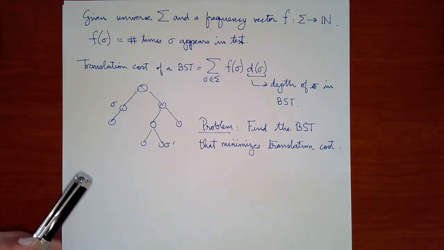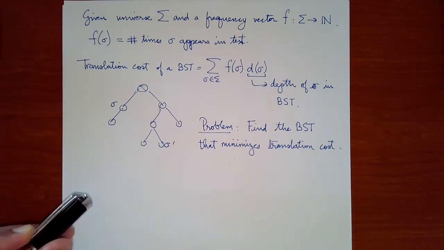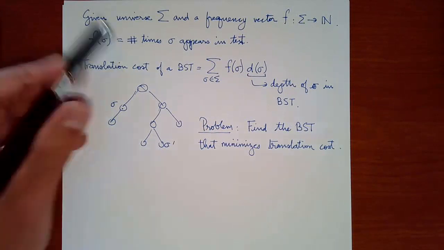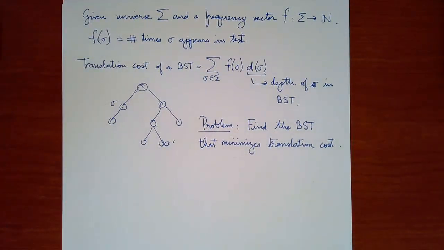No, so this is not like Huffman coding. You could interpret it in that way, that 0 is going to the left and 1 is going to the right. But I'm just saying that, abstractly speaking, this problem makes sense.